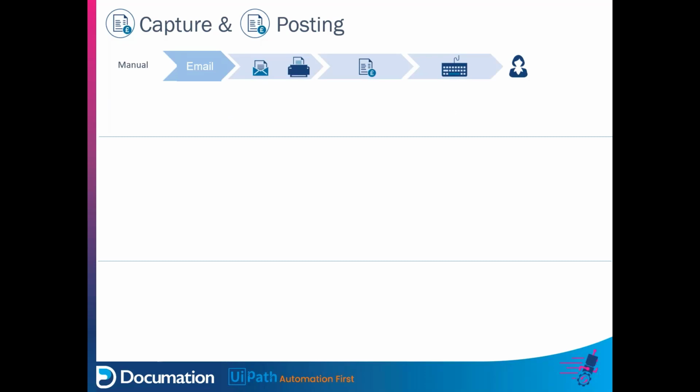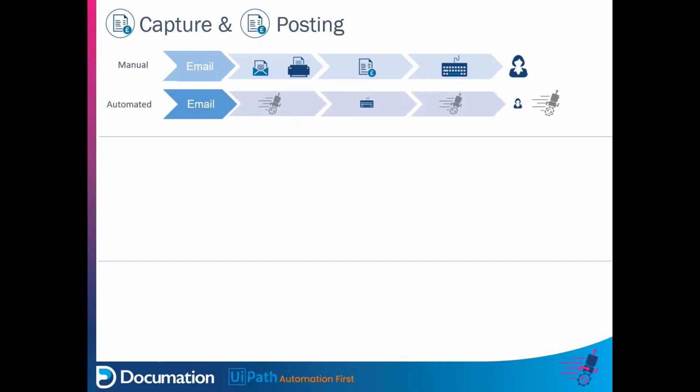So we've seen how in a manual process, it's our AP team who are having to complete all of those tasks, and that using an RPA robot, or indeed a BPM robot, we can automate much of that work with only minimal intervention required from the AP team, which of course reduces their work and frees them up to do more valuable things.